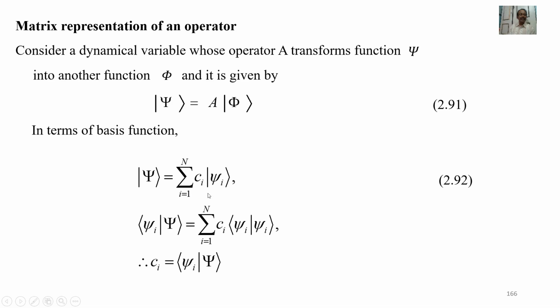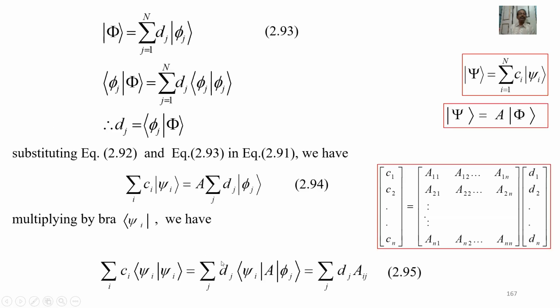As I said earlier, multiplying on both sides by bra psi i, and of course bra psi i with ket psi i gives 1. So Ci equals bra psi i with capital psi. Similarly, by the expansion theorem, another wave function phi can be expanded as the summation over j equals 1 to n of dj phi j.